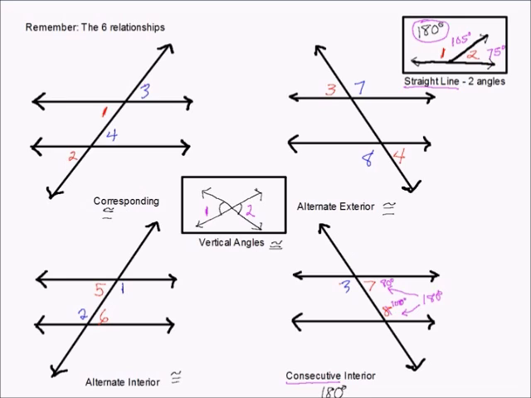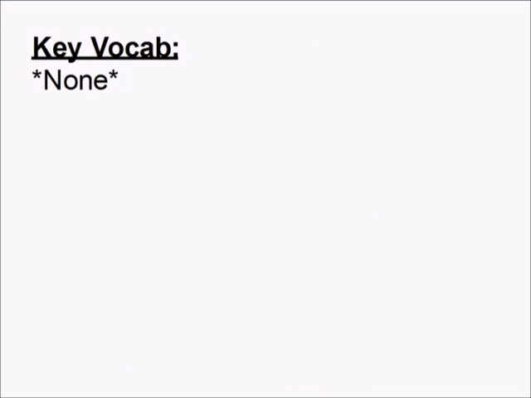Let's say 3 and 4. I just wanted to focus on some things. So, anyway, let's go to the next card. There's no key vocabulary. I think we all kind of know what we need right now. So let's move to the next slide.